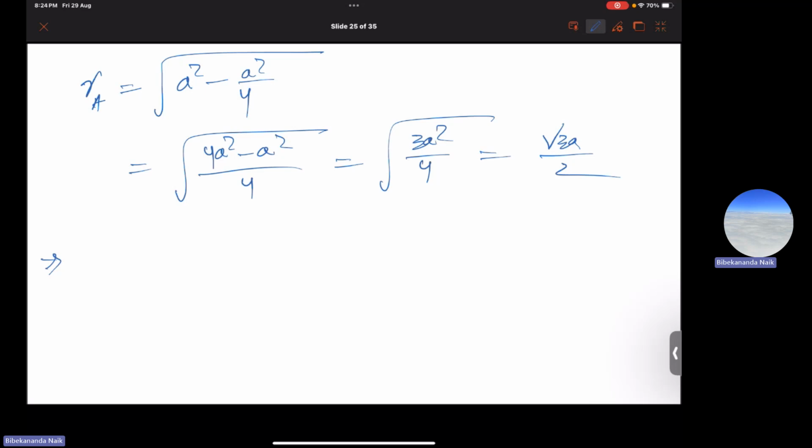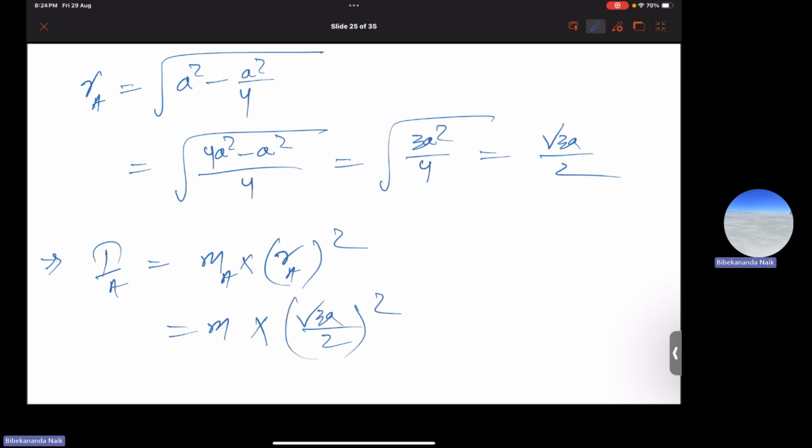That implies the moment of inertia of the particle present at A is m a into r_a square, which is m into root 3a by 2 square, which is m into 3a square by 4, or 3ma square by 4.